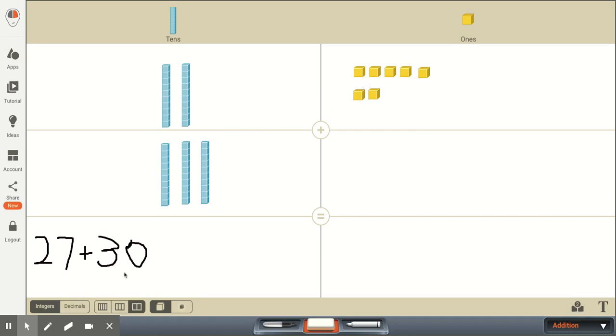So now we're going to combine our ones, we just have the 7 ones. And for the tens, we have 1, 2, 3, 4, 5 tens, or 50 plus 7. So 27 plus 30 will be equal to 57.